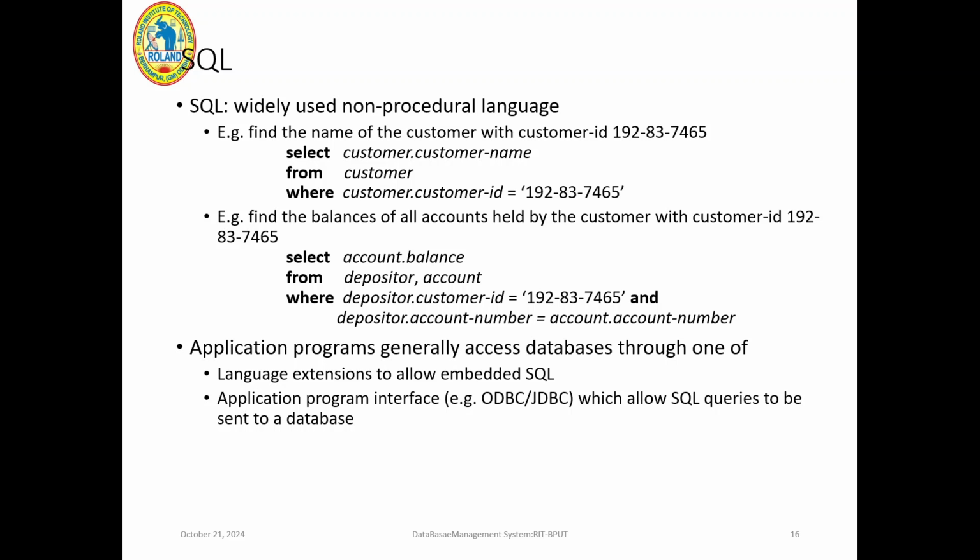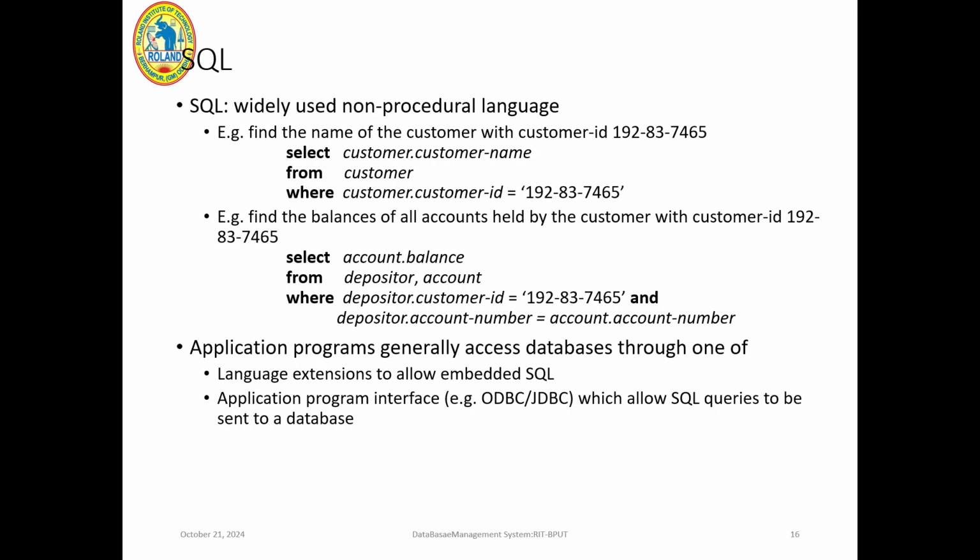Why are these things there? Try to understand, because there is some common attribute or property. What is that? Account number. Account number exists in the depositor, and account number also exists in the account. These two different data are available in two different tables, so how do you get them? To get that, you must have a common property, and from that common property you can link both things.